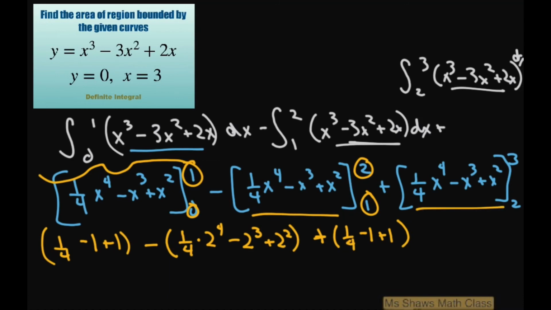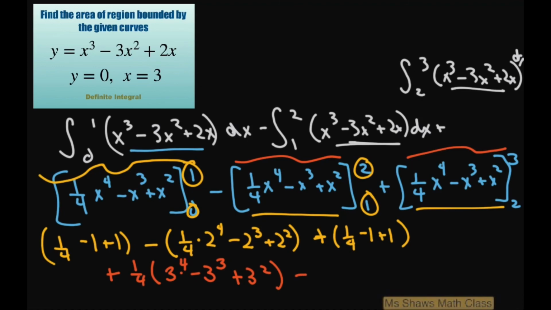Now we have to do the last one. This one is going to be plus 1/4 times 3 to the power of 4 minus 3 cubed plus 3 squared.